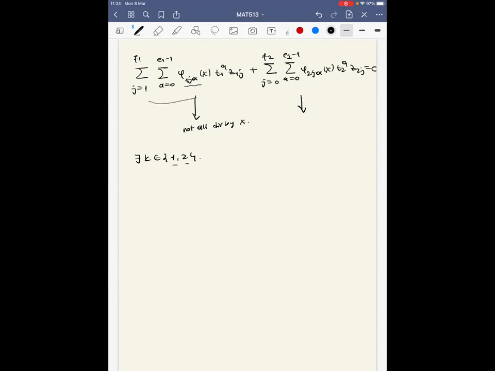Either for the first summand or for the second summand, there exists a j, depending on which summand we consider, such that there is a kind of maximal index where all coefficients before this index are divisible by x, and for j in 1 to f_k, the other terms can include some term which is not divisible by x.